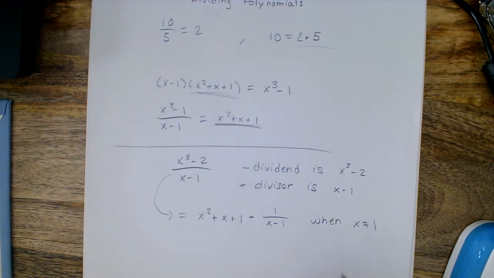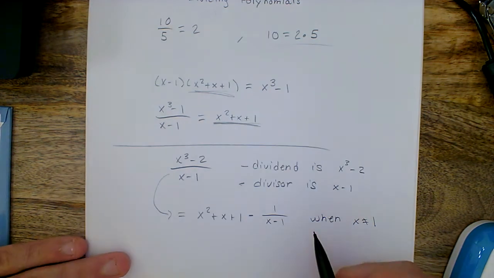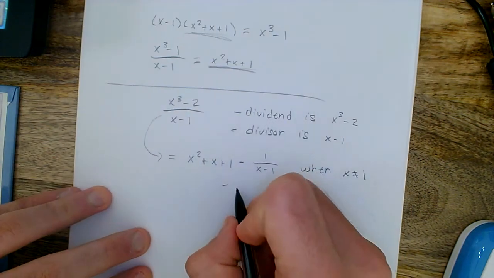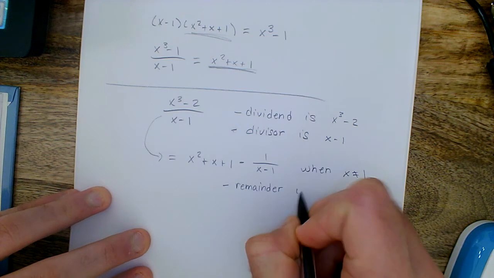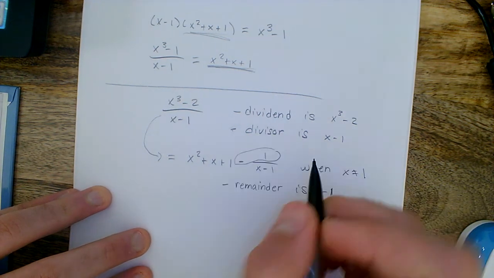Because if x is equal to 1, we have a division by 0 in here and here. Okay, so we say that the remainder is negative 1.